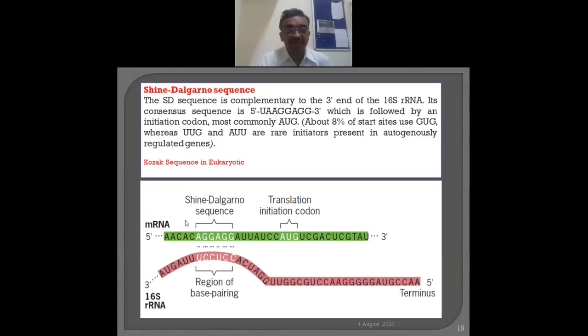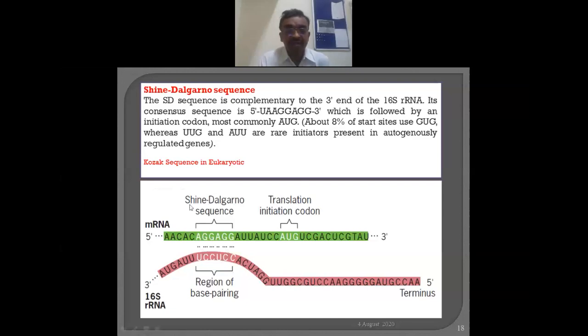This is present on the mRNA, and a complementary sequence is available on the 16S rRNA. 16S rRNA is present on the small subunit. So there is a complementary structure.